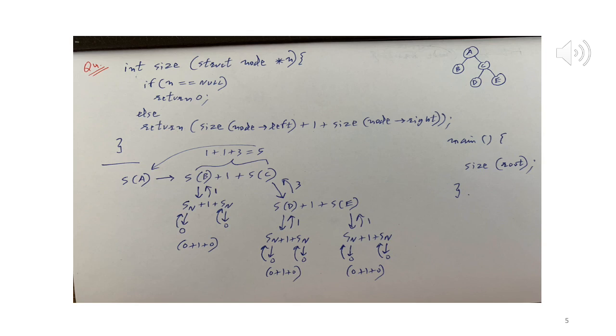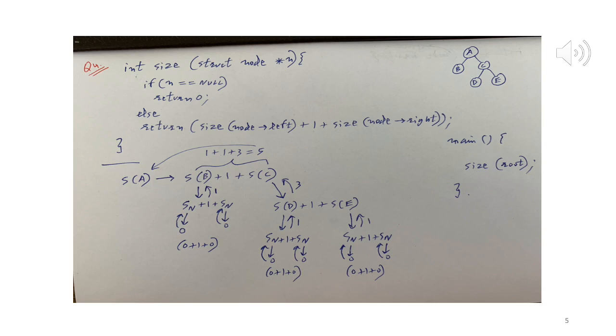So here's what we have. Here's the code, and we'll go through it on this sample tree of 5 nodes: A, B, C, D, and E. This is what the function looks like. Int size, struct node star n. If n is null, return 0.